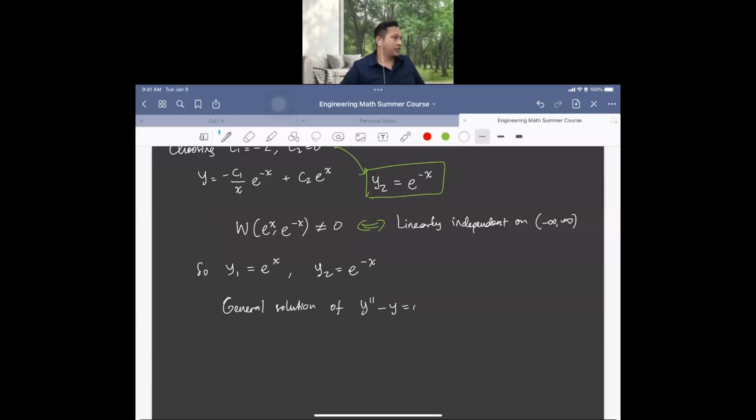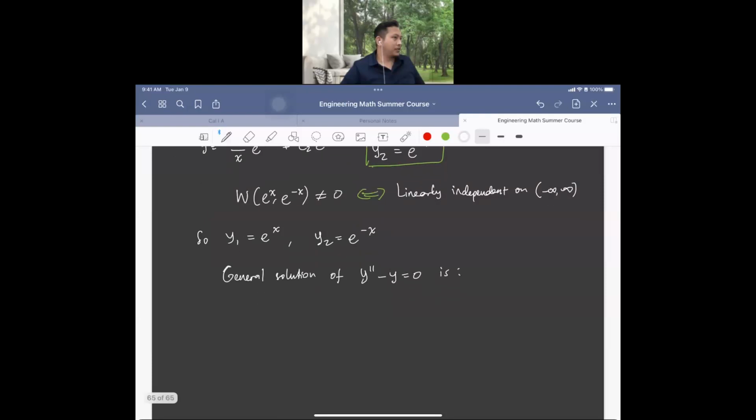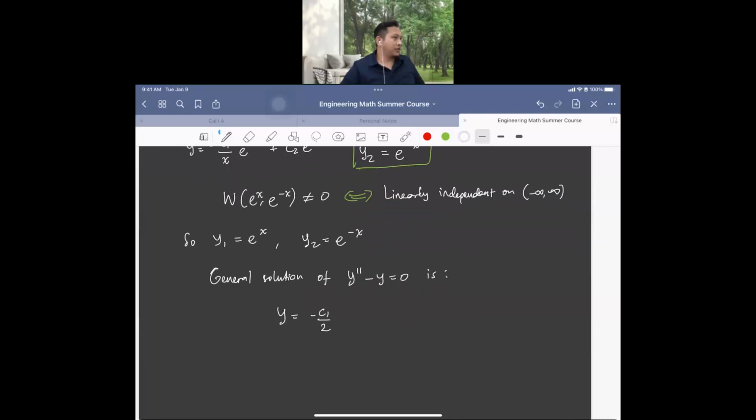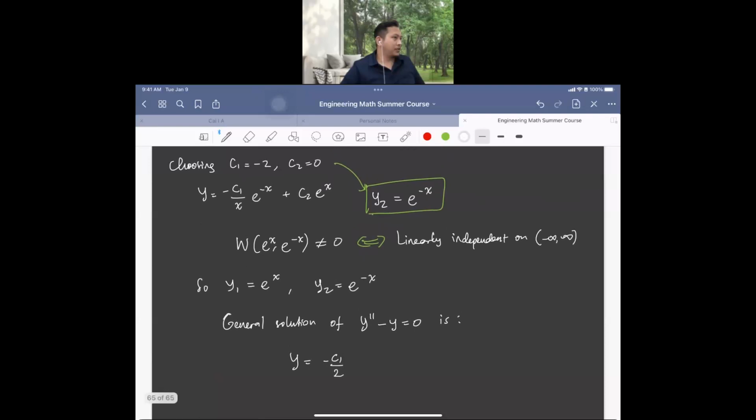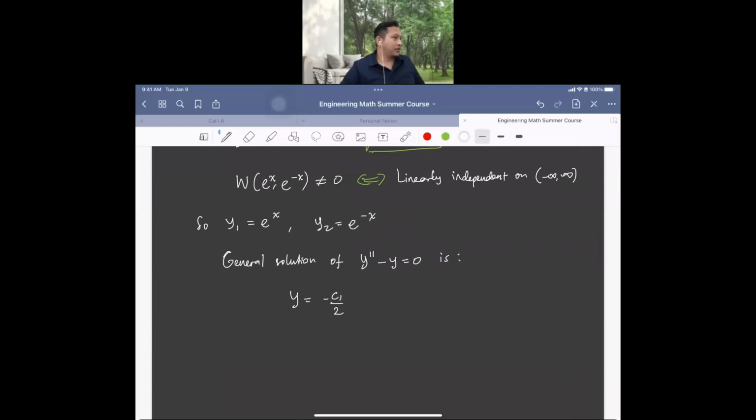And actually the general solution of y'' - y = 0, if you remember what we wrote here, oh, this is not x, sorry, 2.